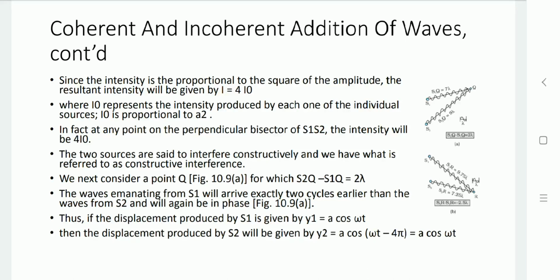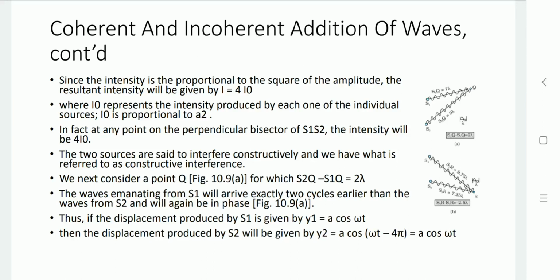As we can see in diagram A, S2Q minus S1Q is equal to 2 lambda. So the wave emanating from S1 will arrive exactly 2 cycles earlier than S2, but both are in the same phase. Two cycles earlier means y2 has a minus 4 pi phase.